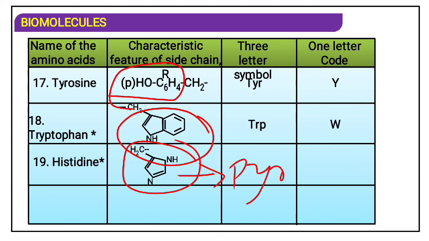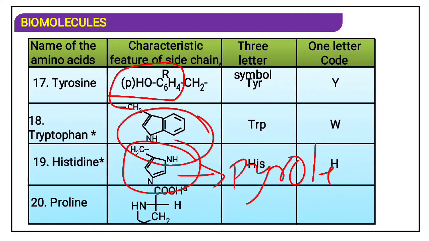So if an amino acid contains a pyrrole ring, then you can say that histidine contains a pyrrole group. The last one is proline. Proline again is a heterocyclic group containing amino acid.